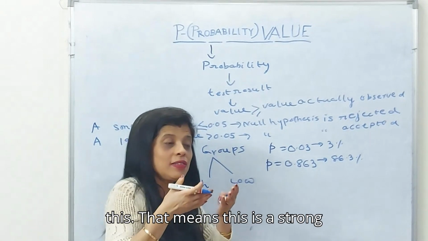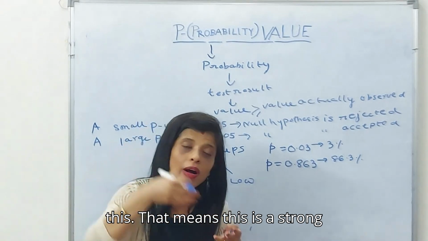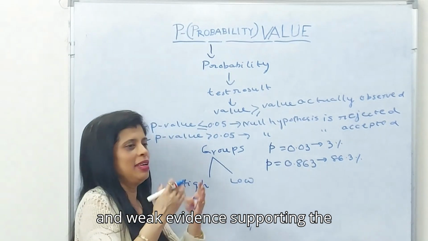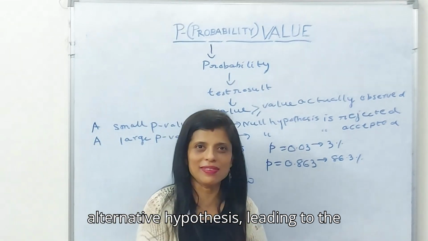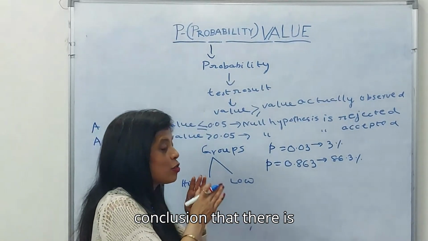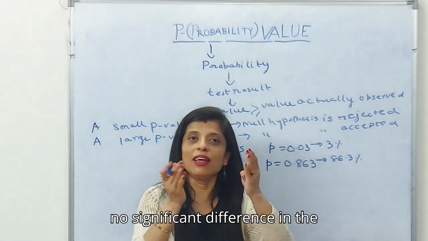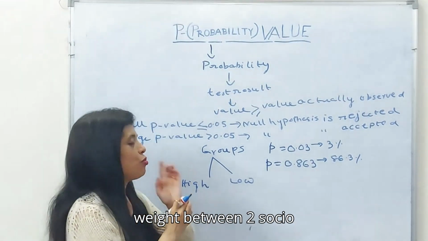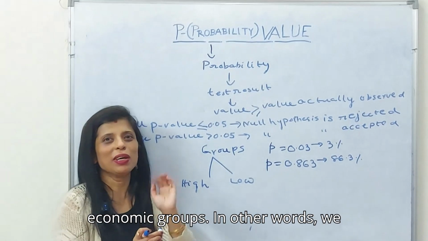That means this is strong evidence supporting the null hypothesis and weak evidence supporting the alternative hypothesis, leading to the conclusion that there is no significant difference in the mean values of birth weight between the two socio-economic groups.